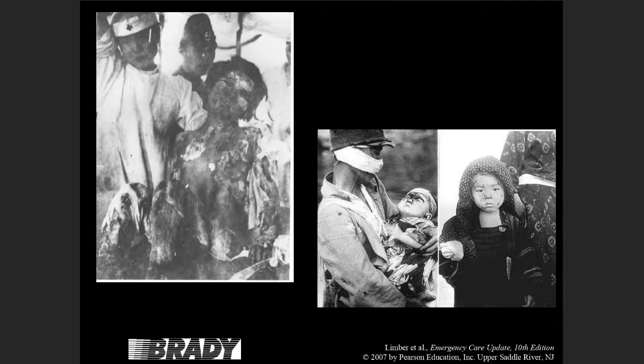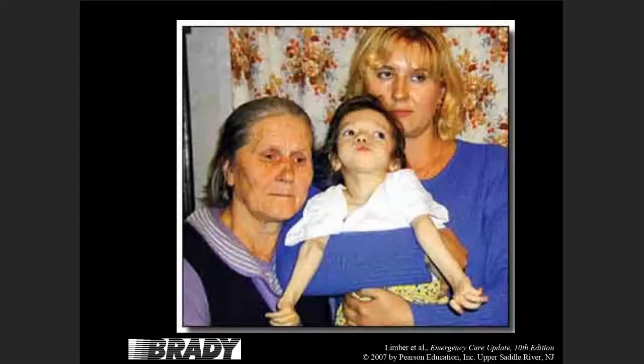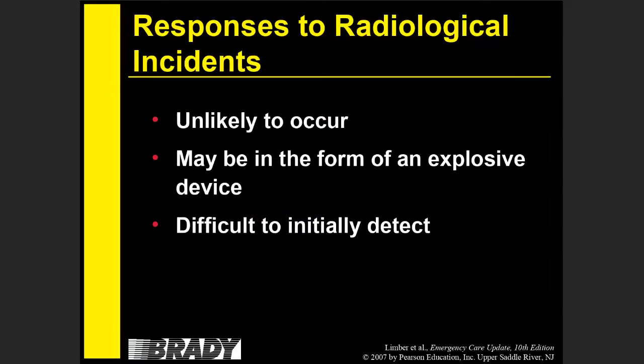You can see the horrific effects of radiation from what happened in Hiroshima and Nagasaki, and a little more recently with the Chernobyl incident that occurred in the mid 80s, a reactor meltdown. So it's unlikely that a nuclear device would be detonated in the United States.